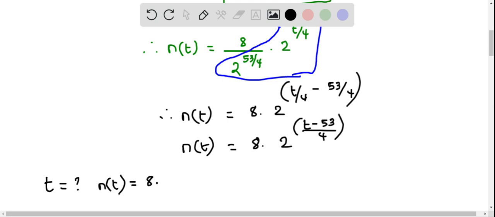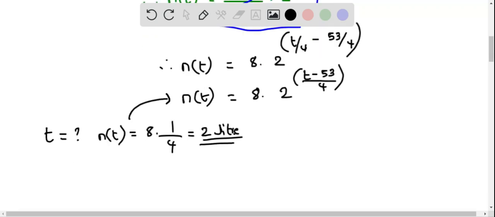So the full capacity is 8, and a quarter of this container will be 8 by 4, and this equals basically 2 liters. So we have to plug in N(t) equal to 2 into this equation and solve for t. So let's do that, and when we do that we get 2 equals 8 times 2 raised to the power of t minus 53 over 4.